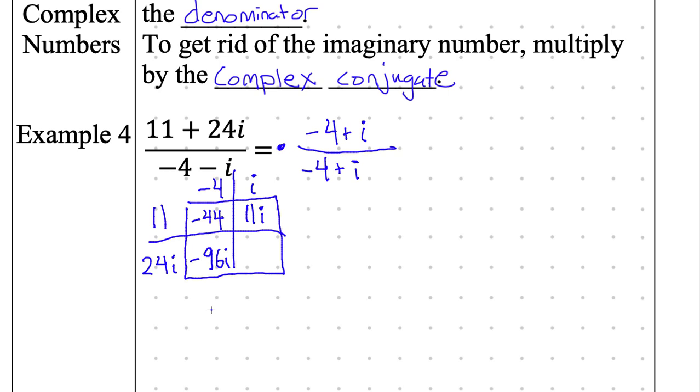Negative 96i. A little bit harder to shout out. And this last one, you're allowed to use i squared. Tell me what this last cell is. 24i squared, which simplifies to negative 24. All right, I'm going to pause. Let you catch up.